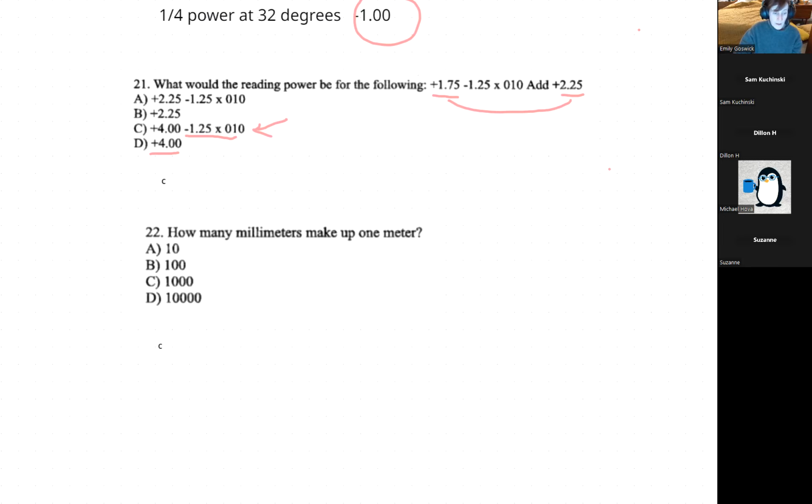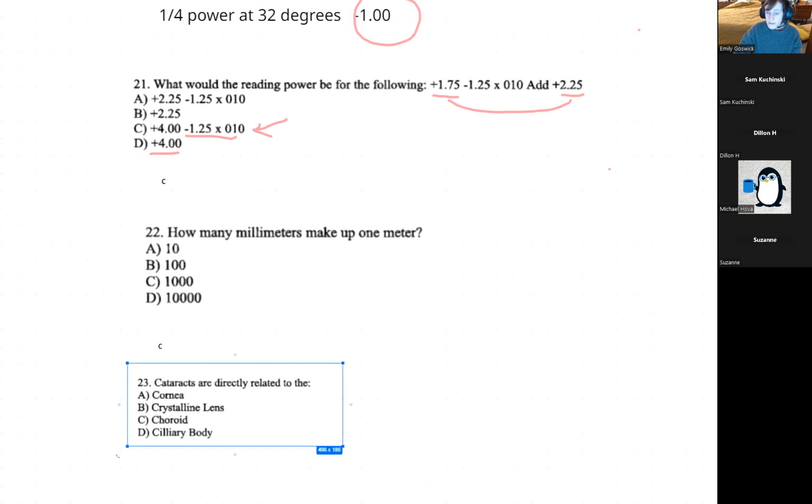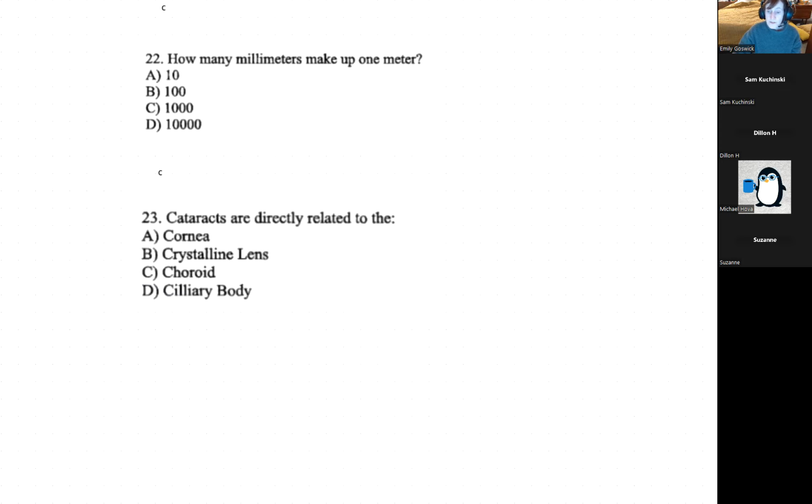All right, couple anatomy or another anatomy question here, because that is definitely something that is peppered into the test as well. This question asks, cataracts are directly related to the cornea, the crystalline lens, the choroid, or the ciliary body.